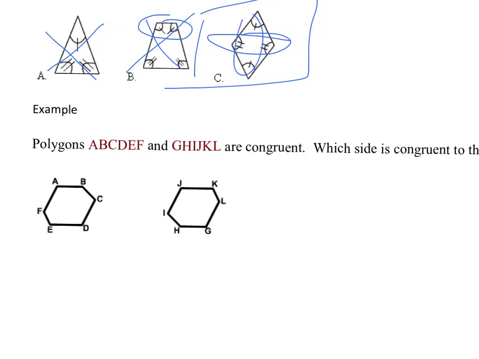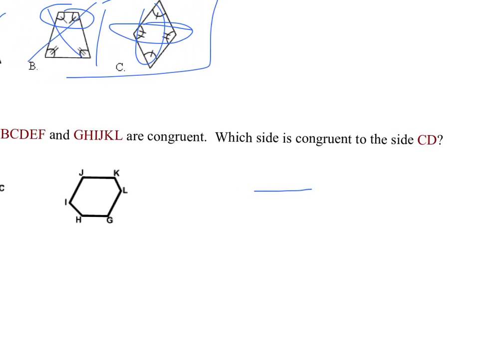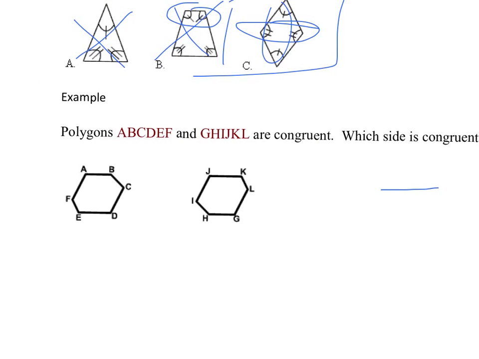All right, next example. Polygons ABCDEF and GHIJKL are congruent. Which side is congruent to side CD? So let's locate CD in this first one. That's this side right here. Now, you can't just look at the picture because these are not sitting in the same direction.